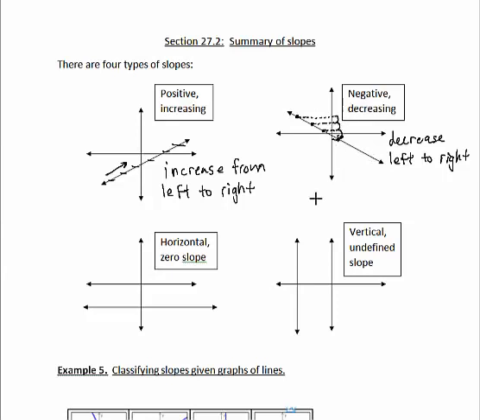It decreases. Okay, the y coordinate drops as we go from left to right. So this is a negative slope. And as we talked about in the previous chapter, horizontal lines have a slope of 0, and vertical lines, this one here, has an undefined slope.